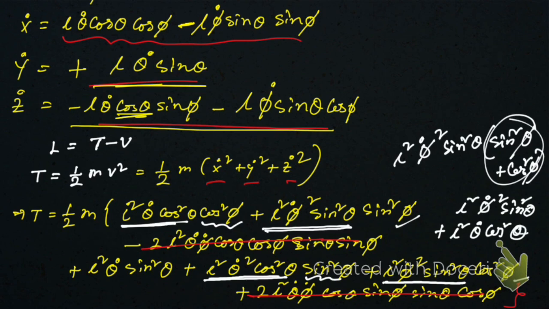Okay, now you see, from these two terms you can take L square theta dot square common, right? So let me go to the next page. Let me copy these things first.